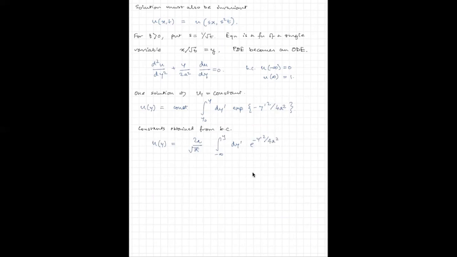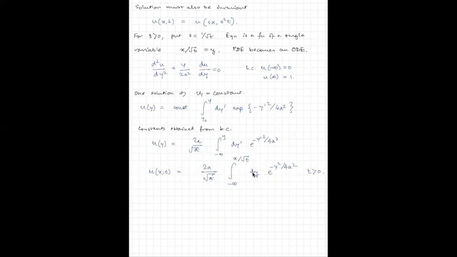In terms of x and t, you can rewrite this as twice a over root pi, integral from minus infinity to x by root t of dy e to the minus y squared by 4a squared. This is for t greater than 0.